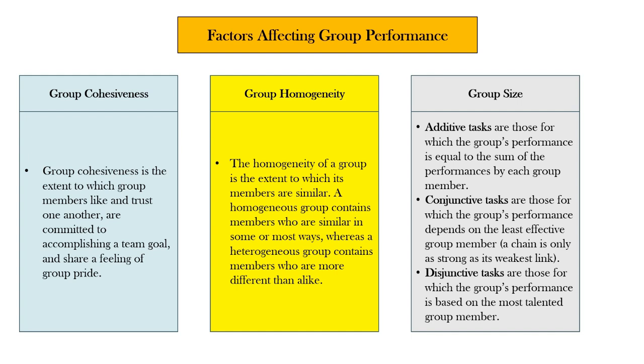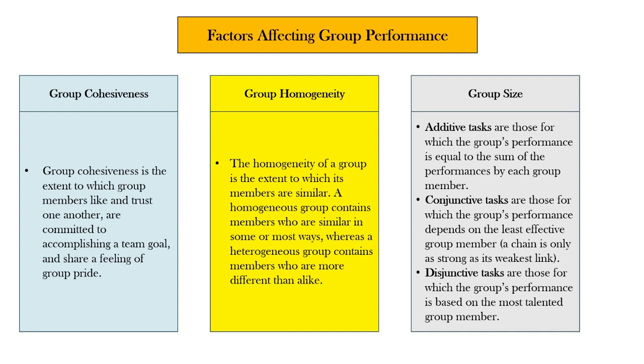In group size, however, there are tasks being performed in which a certain group size can perform well. Additive tasks are those for which the group's performance is equal to the sum of the performances by each group member.